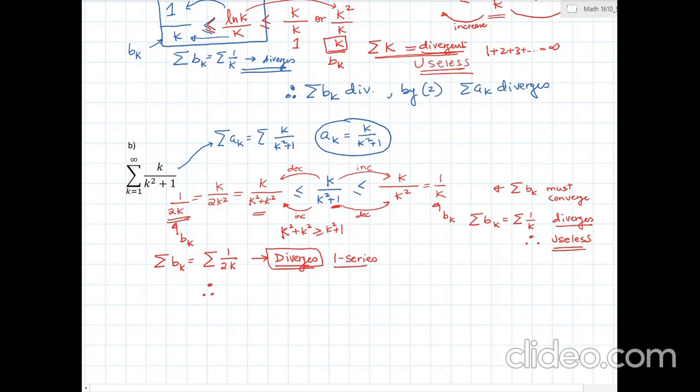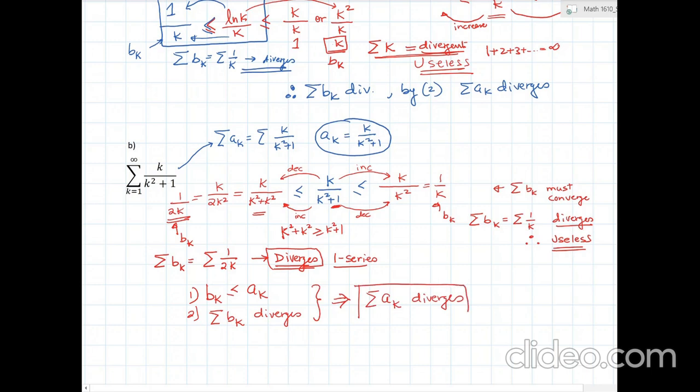So now we can say that we have found bk which is less than or equal to ak. Second, my series bk that I found diverges. So these two together tell me that my given series ak diverges.